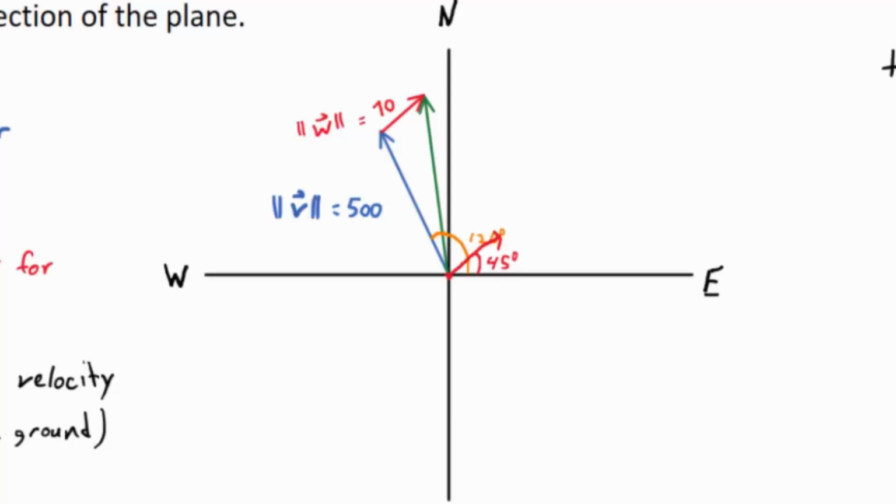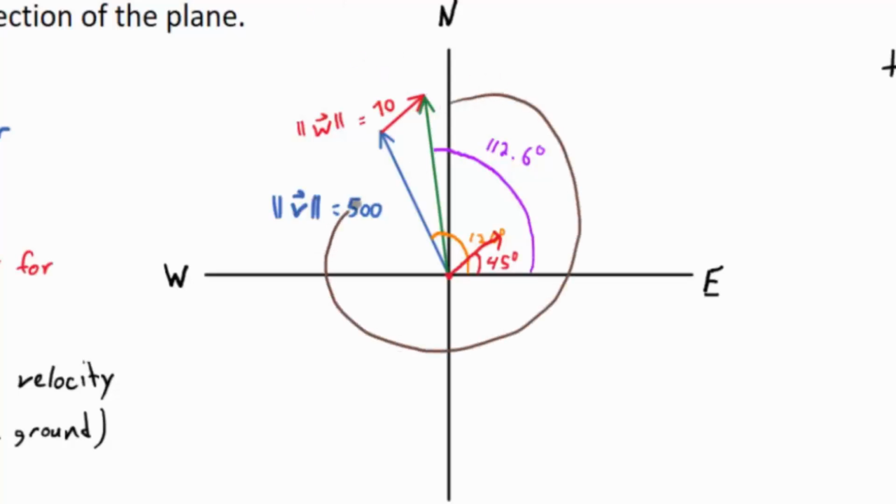If you know that this angle to the vector in green, that's our resultant vector, is 112.6, then what we need for heading is that angle, right? So how are you going to get it?